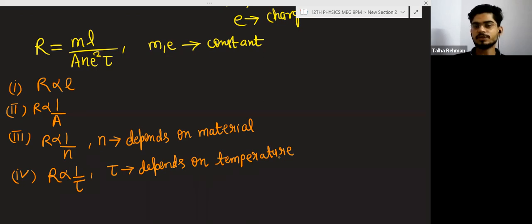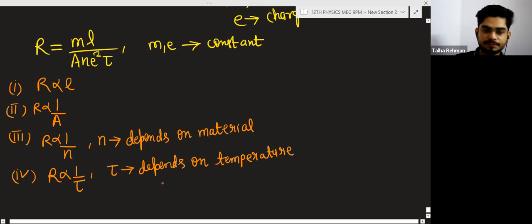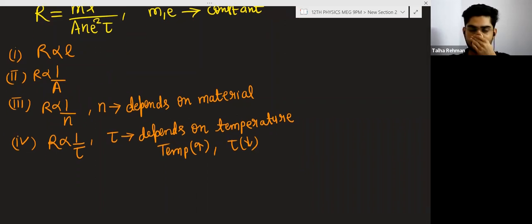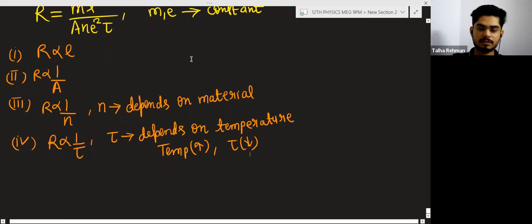Now the collision of electrons will become faster, and the relaxation time will decrease. If you increase the temperature, tau will decrease, because the time for relaxation of the electron will decrease. Tau is the relaxation time.